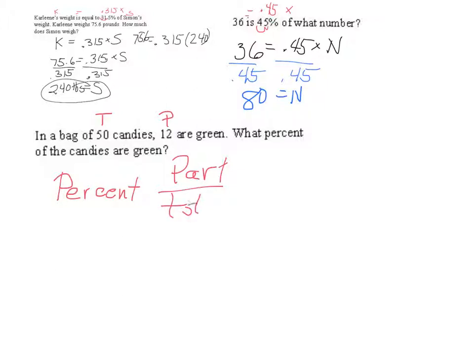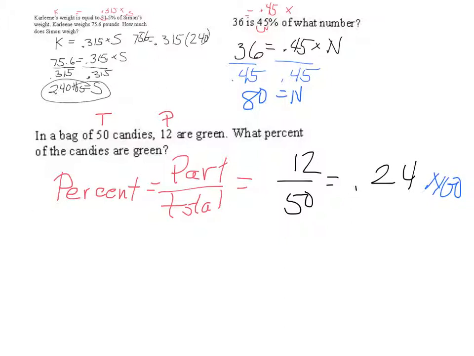I put T, so I'll put total. So for this one, I could do 12 divided by 50, and we get 0.24, which when we multiply that by 100, changes it to 24%.